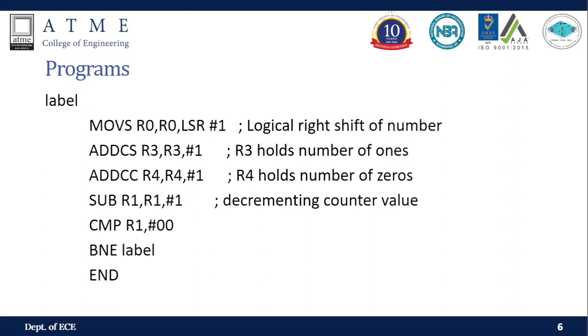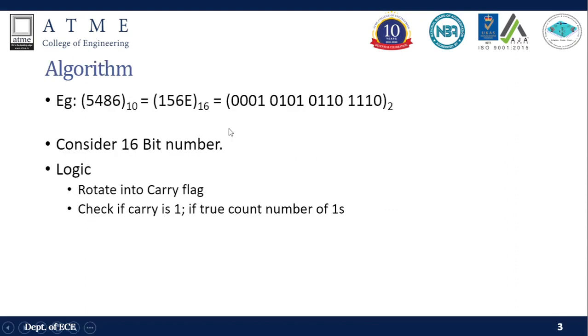In the second half of the program, first we have loaded the value already into R0. That value has to be shifted right. If I'm saying shifted right, then the LSB will be shifted into the carry flag. The LSB of your number, that is the last bit of your number, will be the bit which goes into the carry flag.